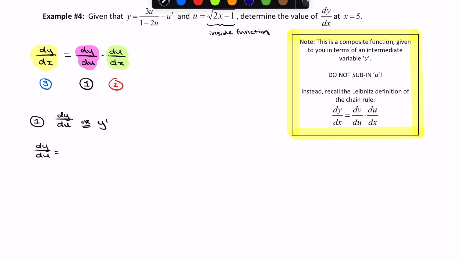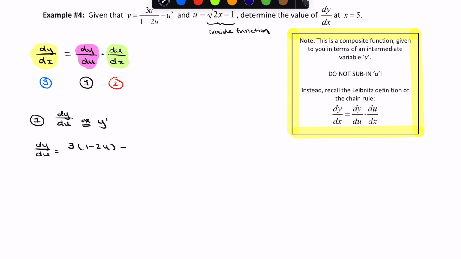So we have 3, the derivative of that numerator, times the denominator 1 minus 2u, minus 3u times the derivative at the bottom, which is -2, over 1 minus 2u, all squared.